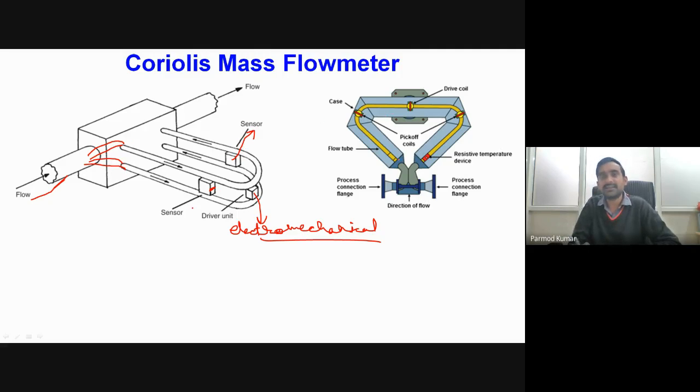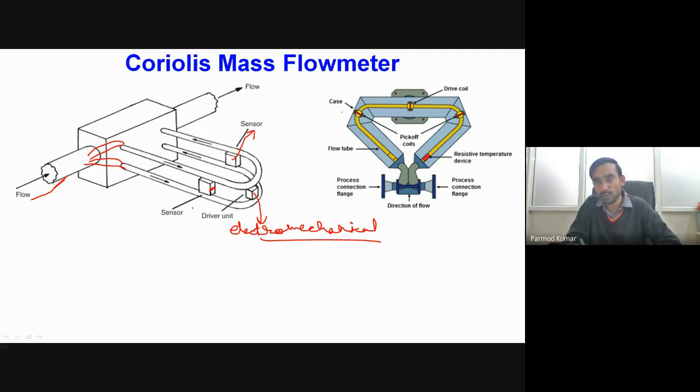Okay, another representation is also shown here. You can see clearly that this is a flange, and to this flange the inflow pipe is connected, which allows the flow to pass through this sensing tube. Inside this sensing tube we have a drive coil which subjects the tube to forced oscillations.